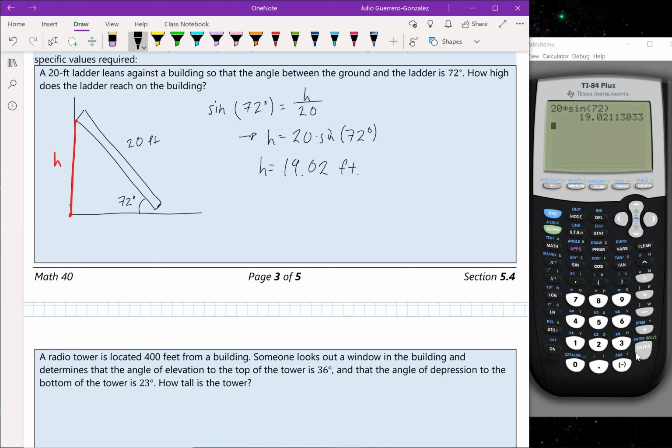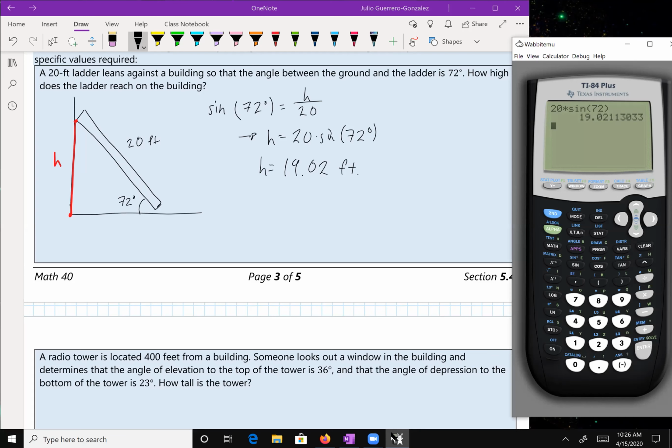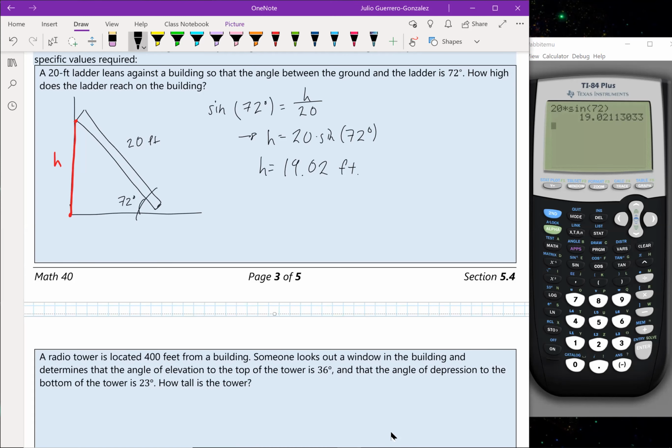Well, remember how a triangle goes. The angle that was given was this one right here, which makes this side with the h the opposite. The longest side is always the hypotenuse. And the side right next to the angle is adjacent.